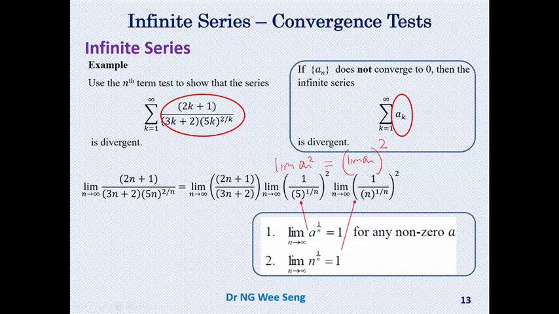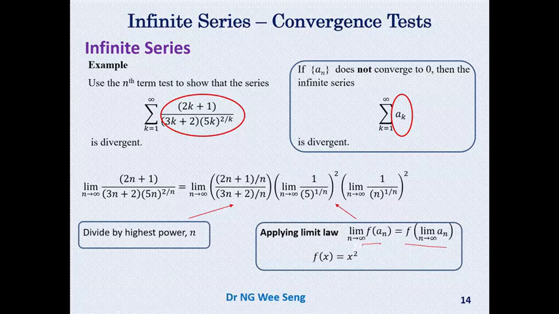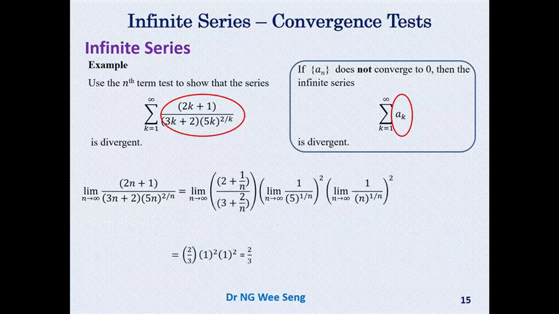So this is a limit law. And we're going to apply it to the other one as well. Doing so will enable us to apply the formula for the limit of 1 over 5 power 1 over n and limit of 1 over n power 1 over n.